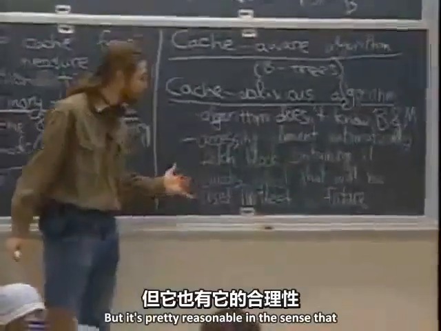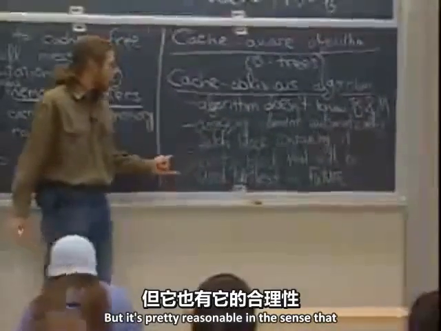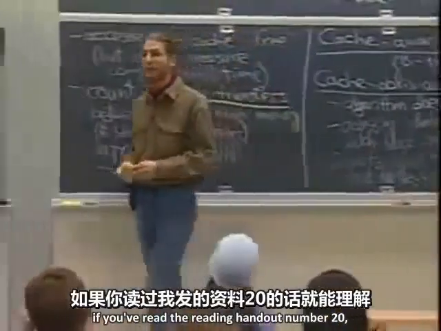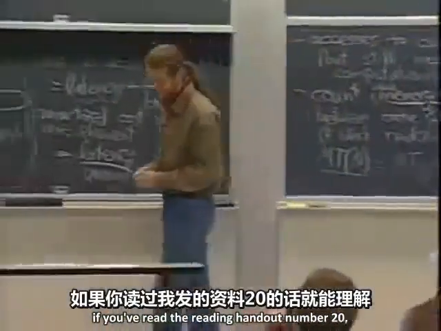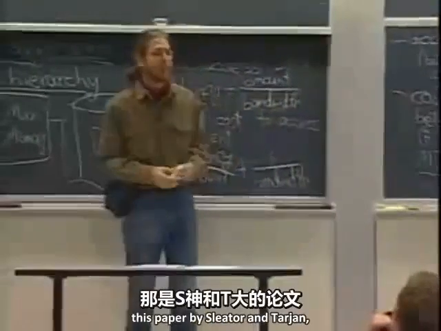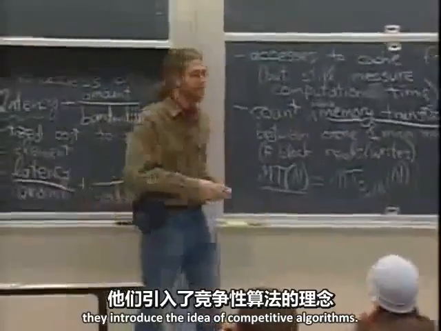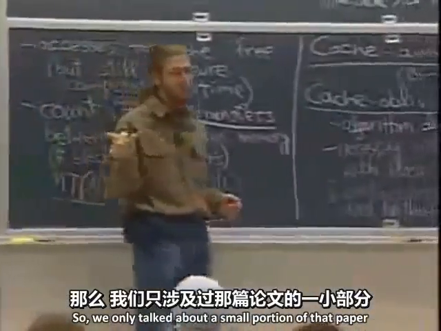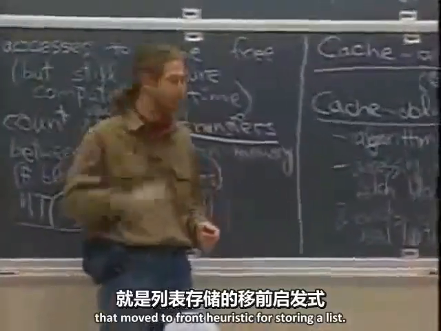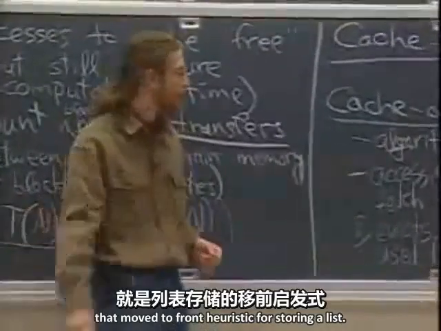But it's pretty reasonable in the sense that if you read the reading, handout number 20, this paper by Sleator and Tarjan that introduced the idea of competitive algorithms. We only talked about a small portion of that paper, the move-to-front heuristic for storing a list.